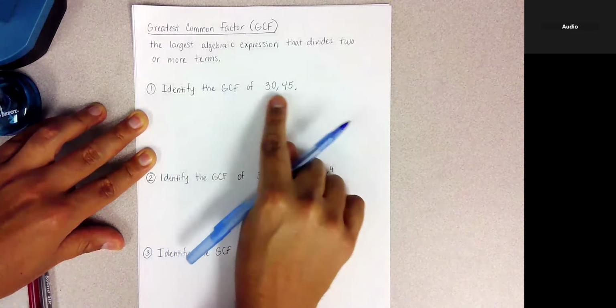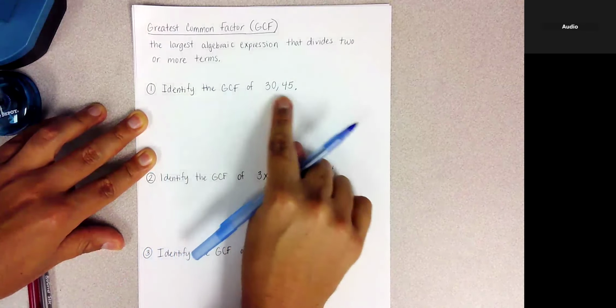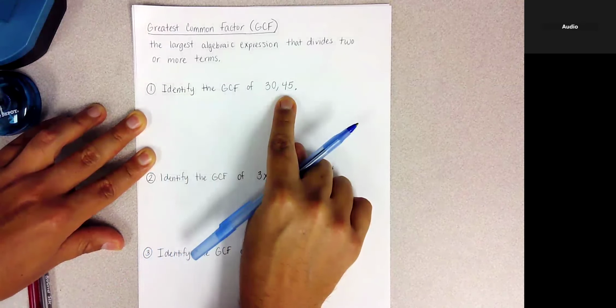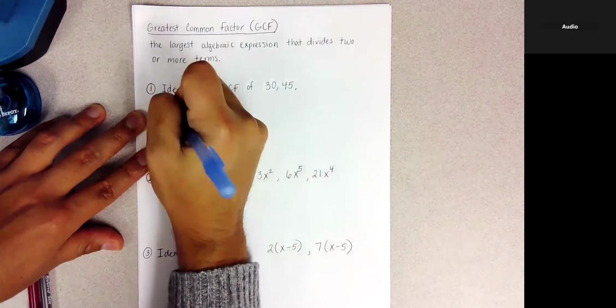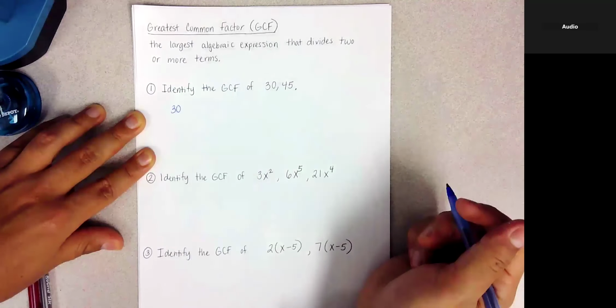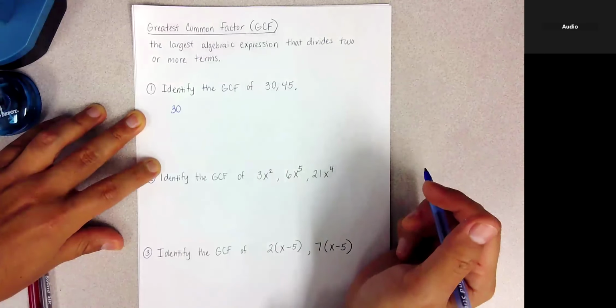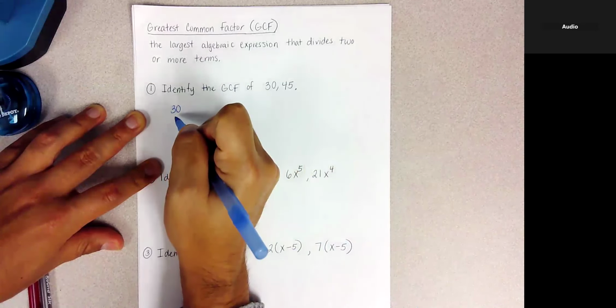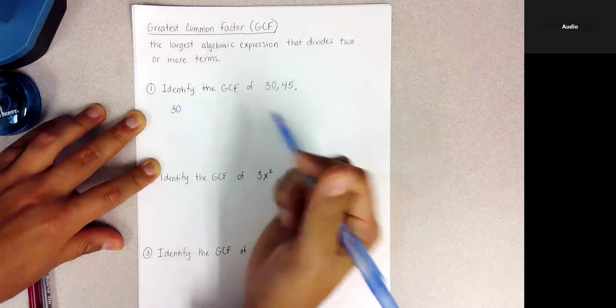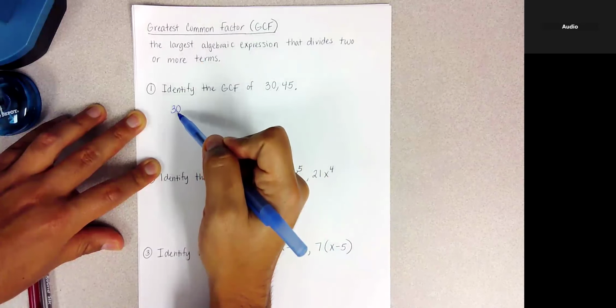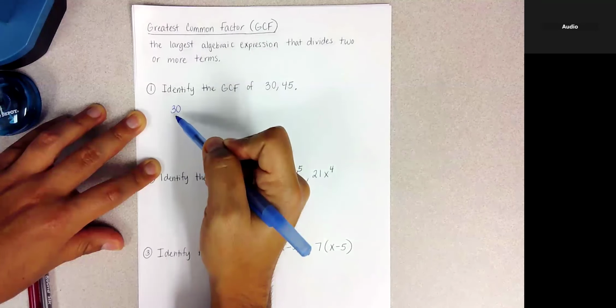And right away, we need to start breaking down these two numbers into their smaller components. What I mean by that is that if you think about the number 30, it's kind of a large number, and usually we think of large numbers as being made up of smaller ones. In this case, we want to think about all of the pairs of numbers that multiply to give you 30.